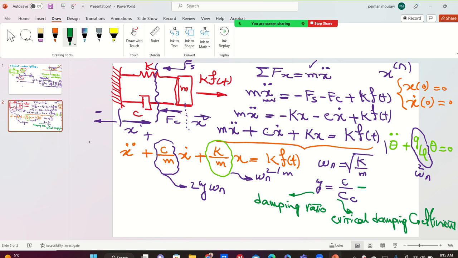I'm going to show how to calculate it. Bear with me. But here, I'm saying that it is 2 root of K M. Damping ratio.